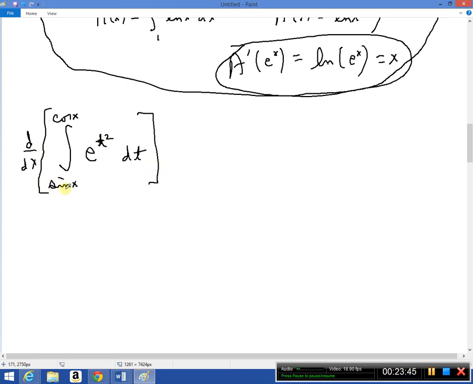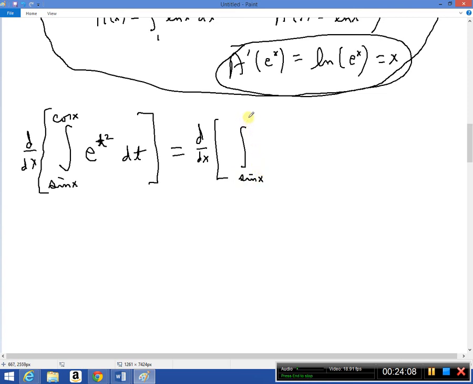Well, now the problem is you've got stuff on the top and the bottom that's variable, and how are we going to do this? Well, unfortunately, it's going to take us a few steps. I'm going to split this integral up into two. So we'll start from sine of x, and I need a constant. And you can pick any constant you like.